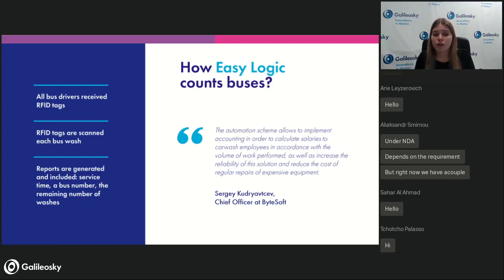The main advantage of the new system was quick implementation and easy maintenance. As a result, the simple algorithm allows to automatically control the washing of vehicles of different owners and to reduce the human factor and the cost of car wash.